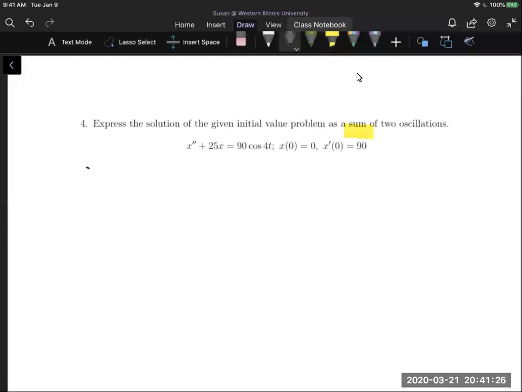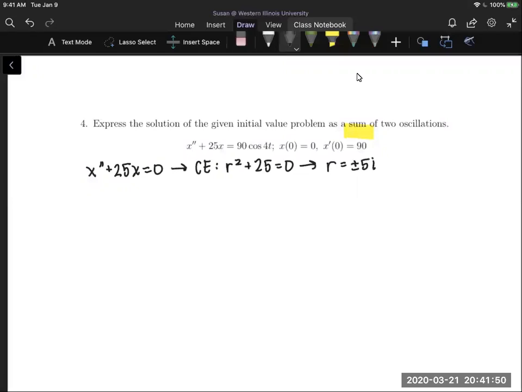So first what we want to do is consider the associated homogeneous DE by setting the right-hand side equal to 0. And then from there, set up your characteristic equation, r squared plus 25 equals 0. That admits 2 complex roots, plus or minus 5i.